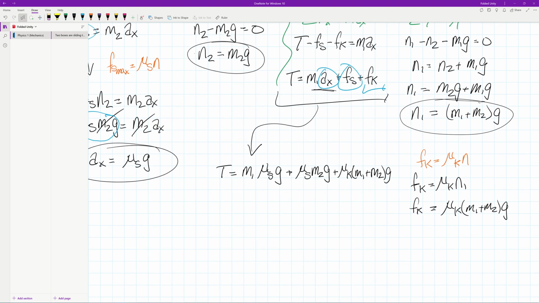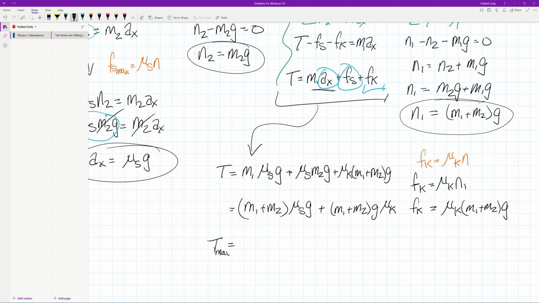Well, let's see. I could pull out of the first two terms a factor mu s g, and that would give me m1 plus m2 times mu s g plus, and that last term looks very similar, m1 plus m2 times g times mu k, which I could rewrite as tension.